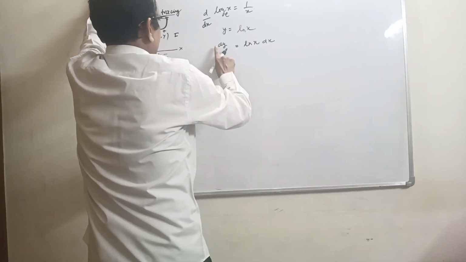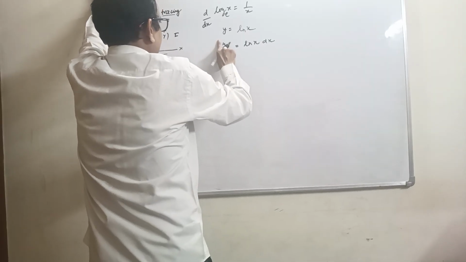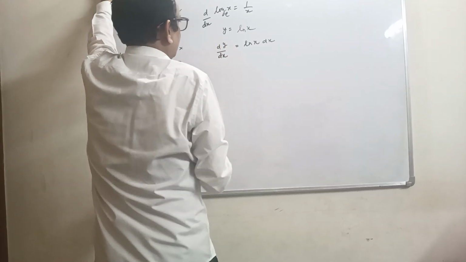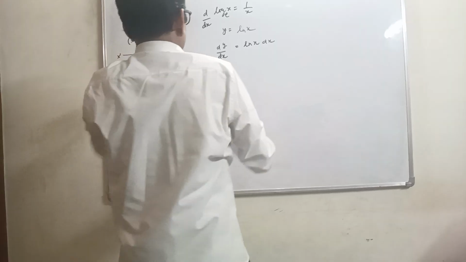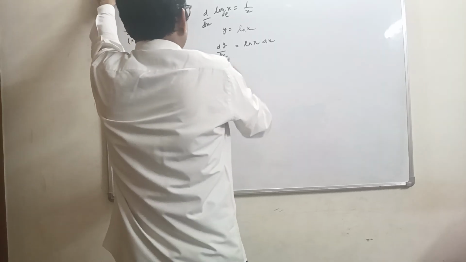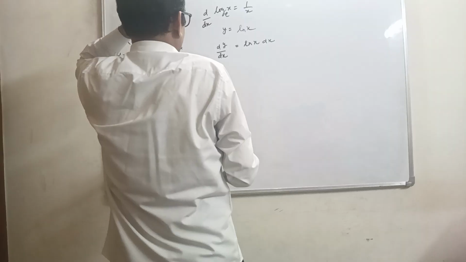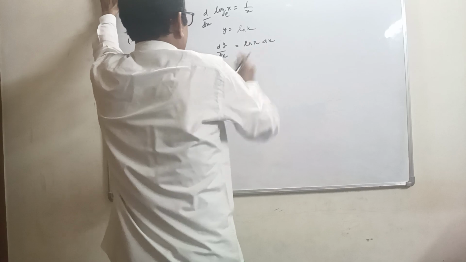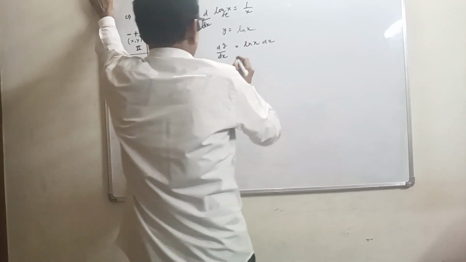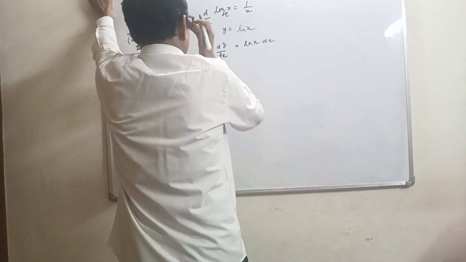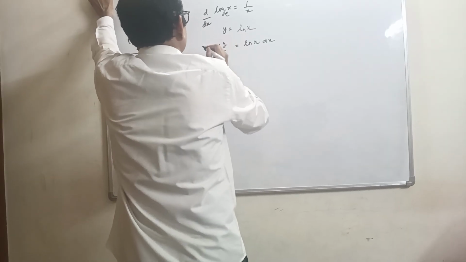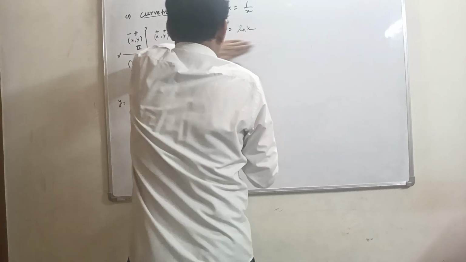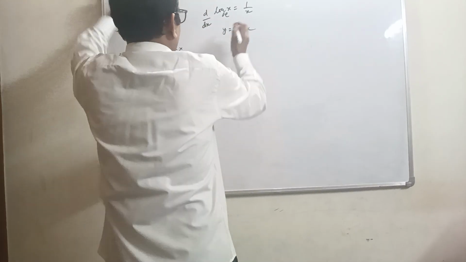So we write dy over dx of natural log x.